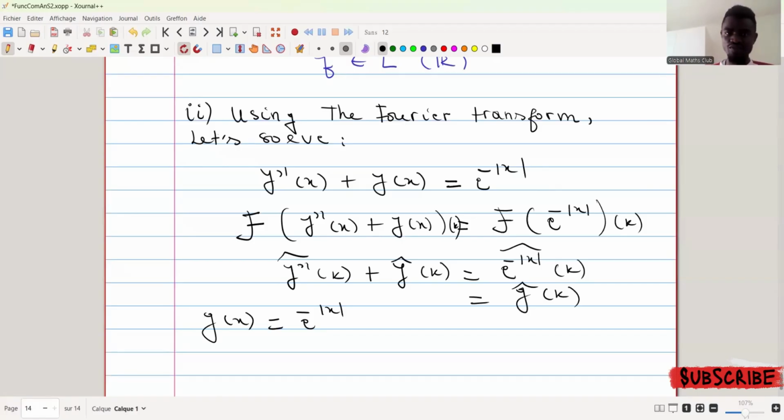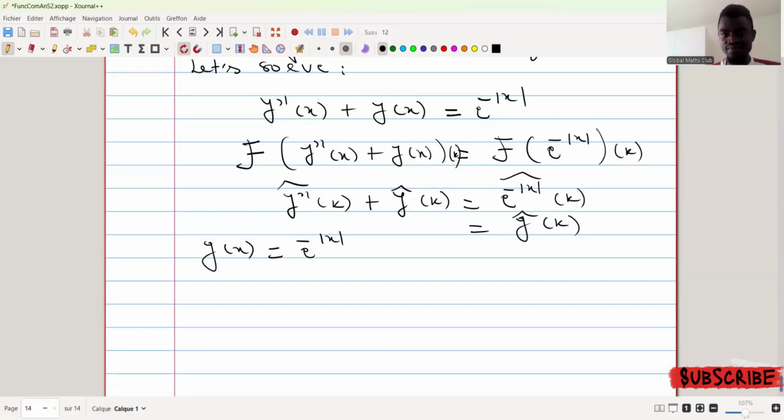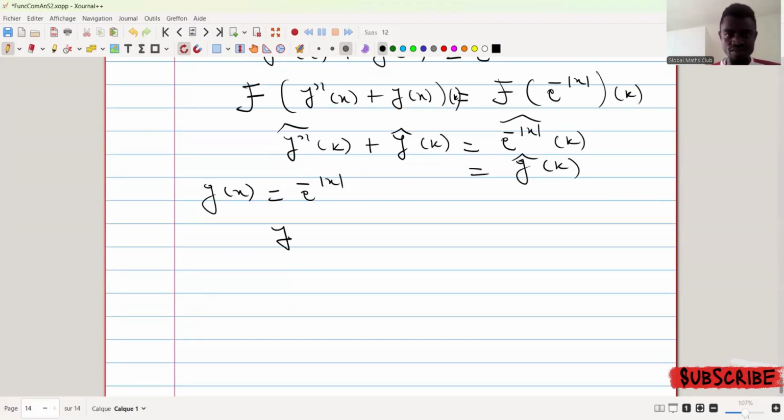Now there is something that you have to know. There is a relation between the Fourier transform of the derivative and the Fourier transform of the initial function. So this one is equal to minus k squared times the Fourier transform of y. In fact, if you want more understanding, if we were using the derivative of order p, it is going to be like this.